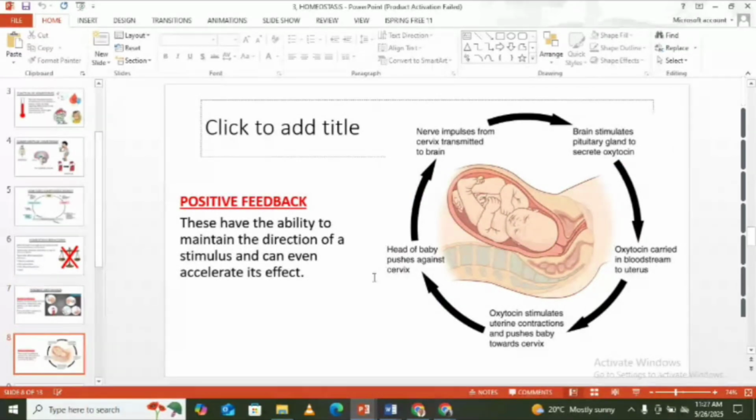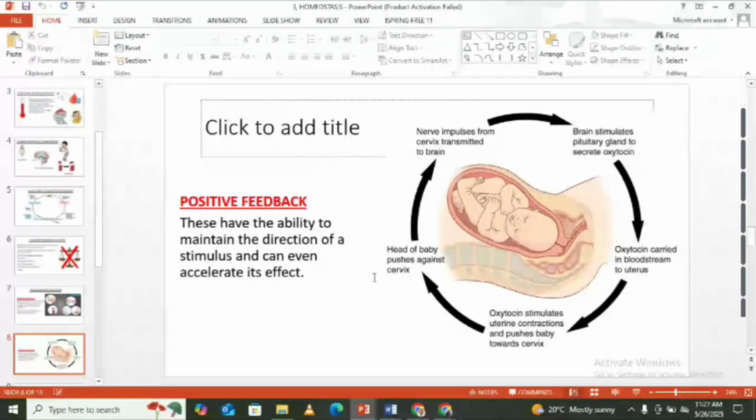Then we have the positive feedback system. The positive feedback system amplifies the original change. So what it does, it enhances or moves in the direction, in some cases accelerates the direction, of that stimulus.